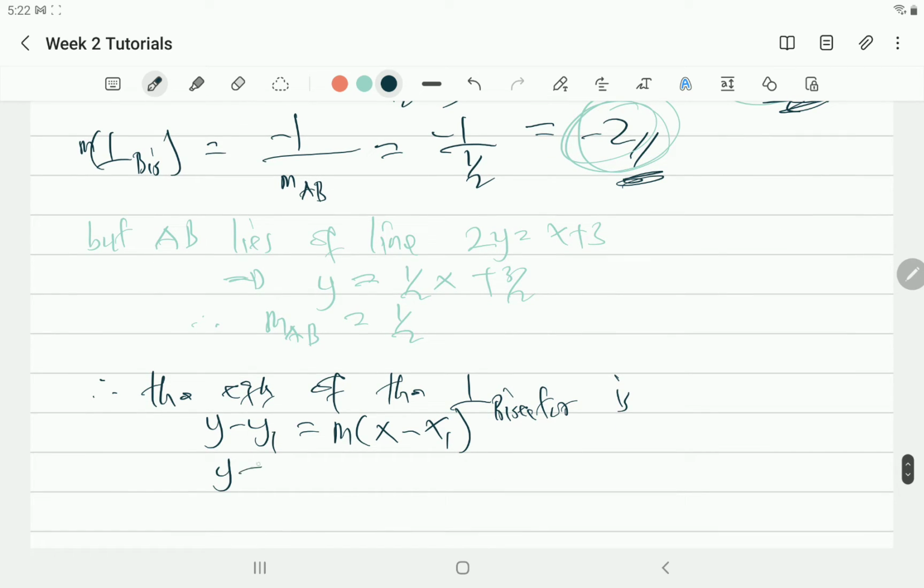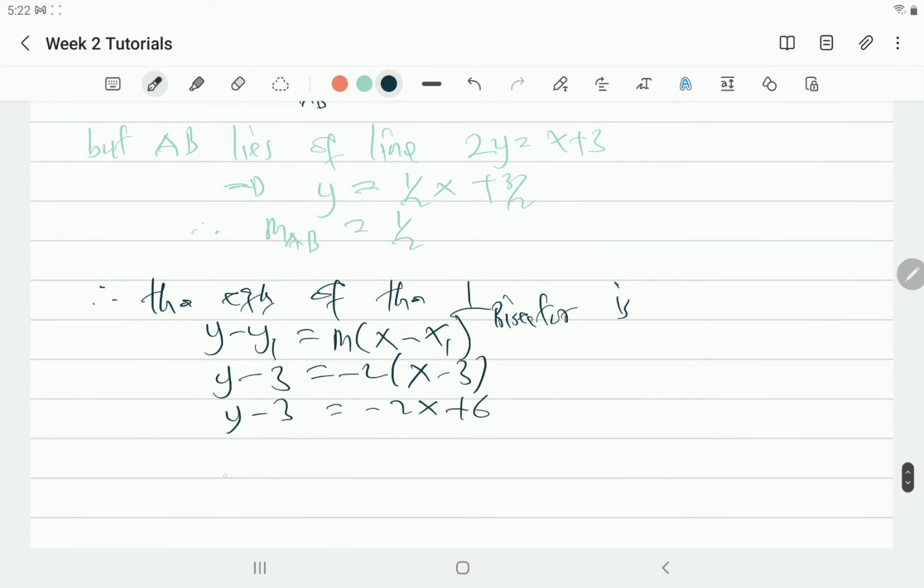So I have y minus 3, the gradient is -2, times x minus 3, and we simplify this. We have y minus 3 equal to -2x plus 6, and finally we have y plus 2x equal to 6 plus 3, which is going to be 9, right? So that is the equation of the perpendicular bisector.